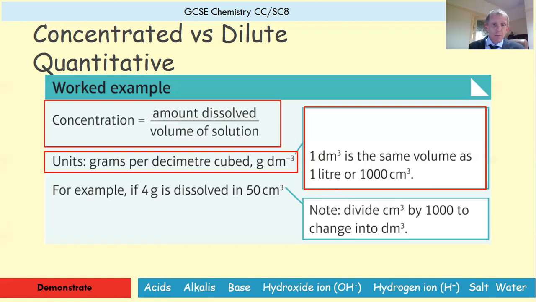So copy those red boxes down, guys, and then we'll have a go at working our way through the example question that we've got on the slide. Pause the video, get them copied down, and we'll come back to me when you've got it done.